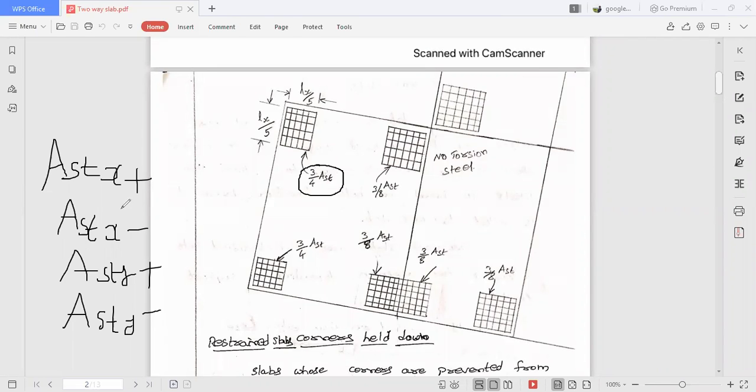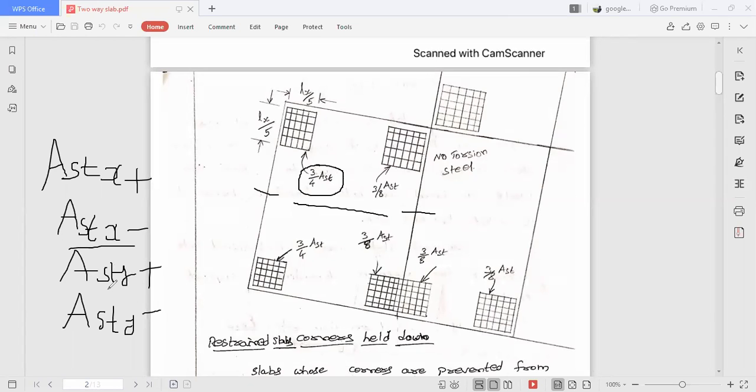First of all, what do you mean by ASTX? The steel which is provided along the shorter span in the middle zone, that means in the span zone. ASTX negative means X is the shorter span, negative means at the support. So whatever steel we provide along the short span at the support is called ASTX negative.